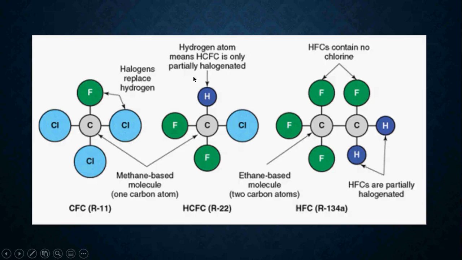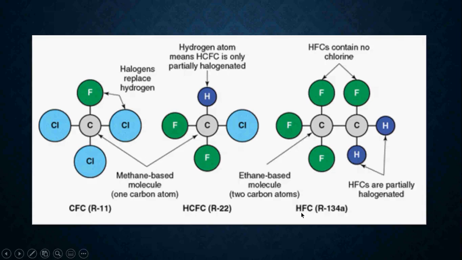As we started to develop these refrigerants with a little better chemical composition, they were said to be better and ozone friendly and all that other stuff. As we start to remove the chlorine atom, you'll see that the ODP and so on will change.